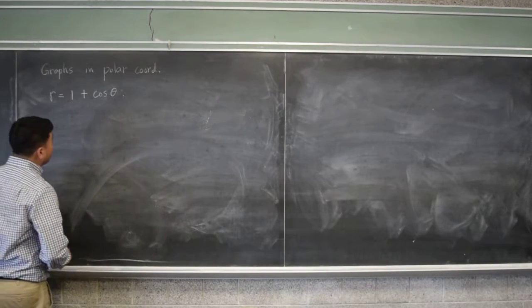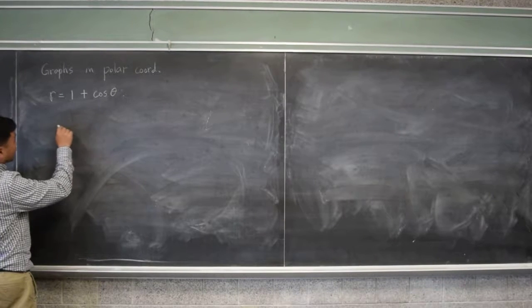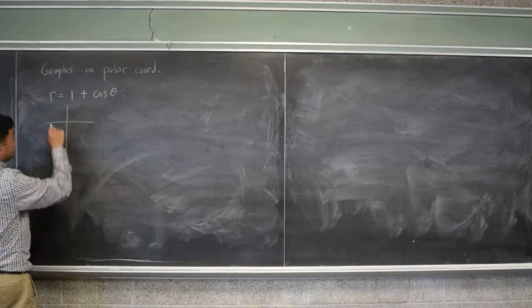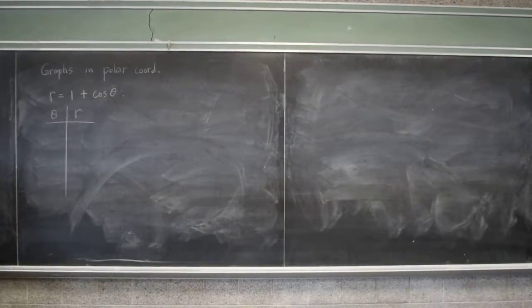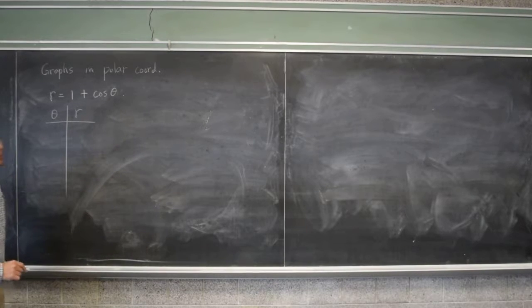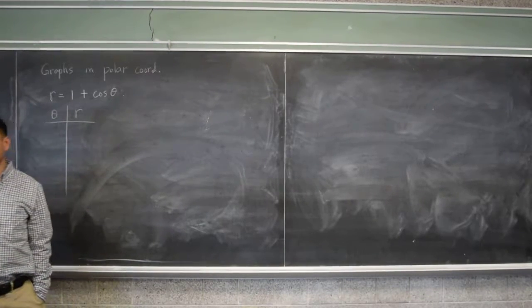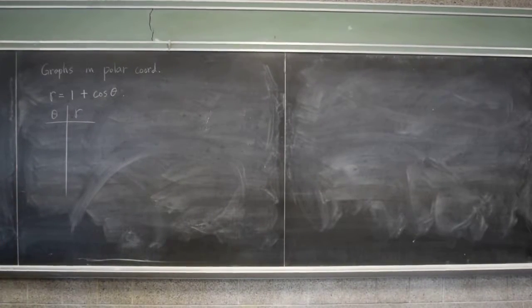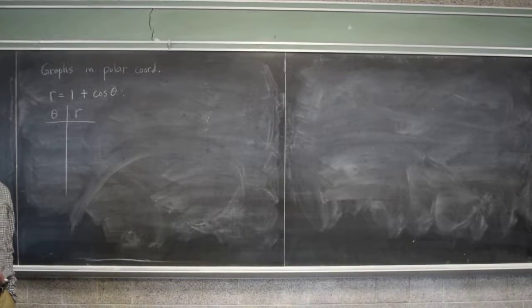So we are going to make a table, because that's all we know what to do. If you recall how you drew graphs in the regular XY coordinates for the first time, you were asked to do tables, right?